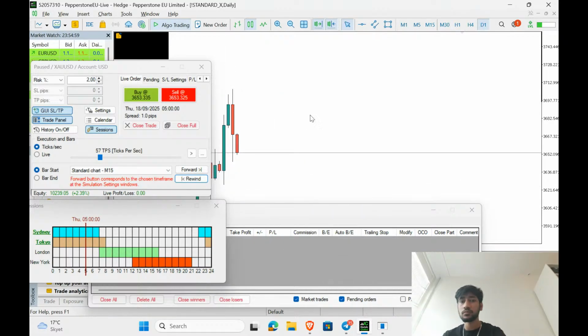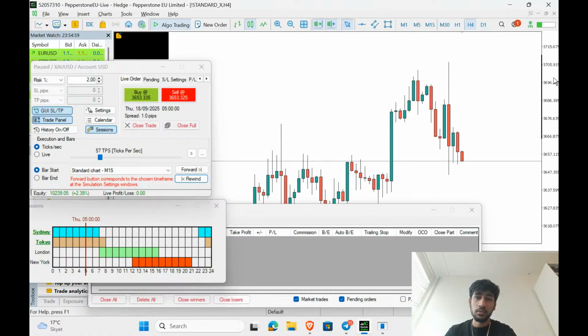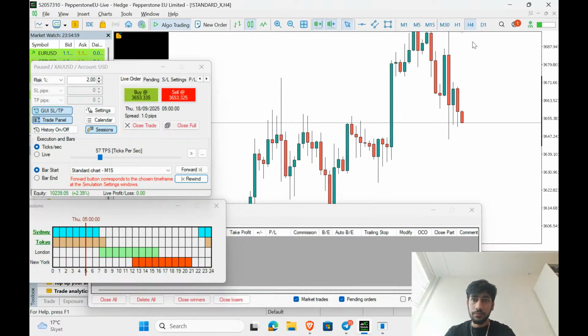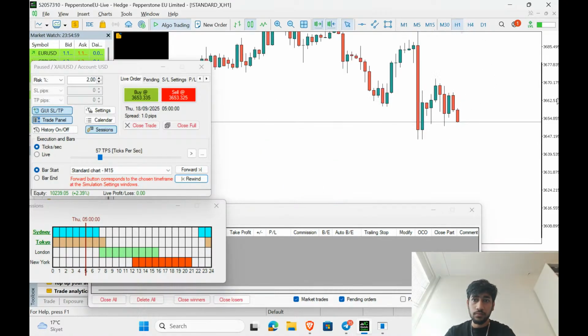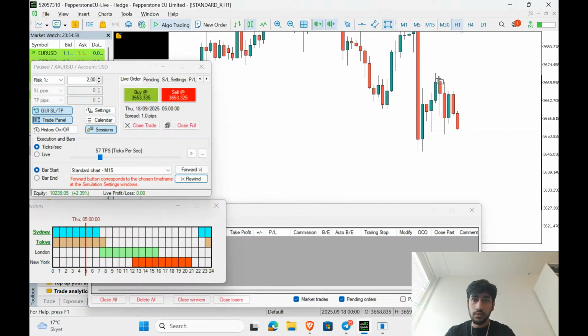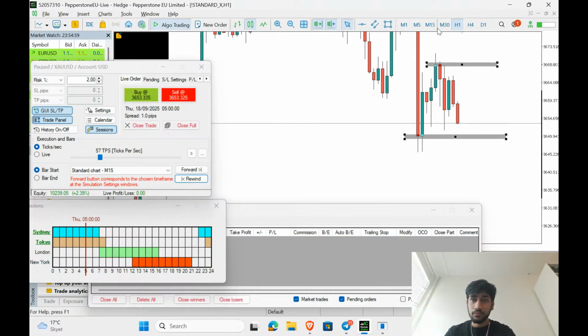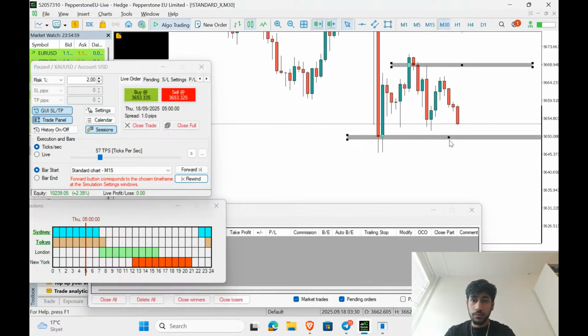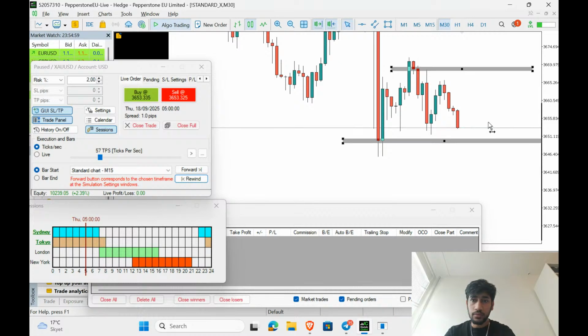Daily, we're coming down. 4 hour coming down. H1, we have this resistance. We have this support. We are just ranging.